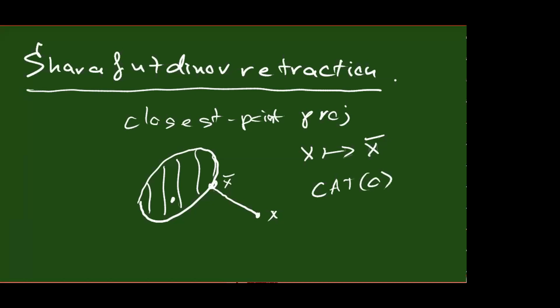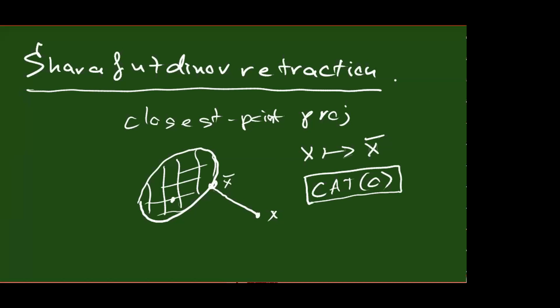And the idea is that if you have a convex body, for any point you can find the closest point, right? I'm sure everybody saw this in action. It's a useful construction. Now, what to do if your space is not as nice as CAT(0) or as Euclidean space?